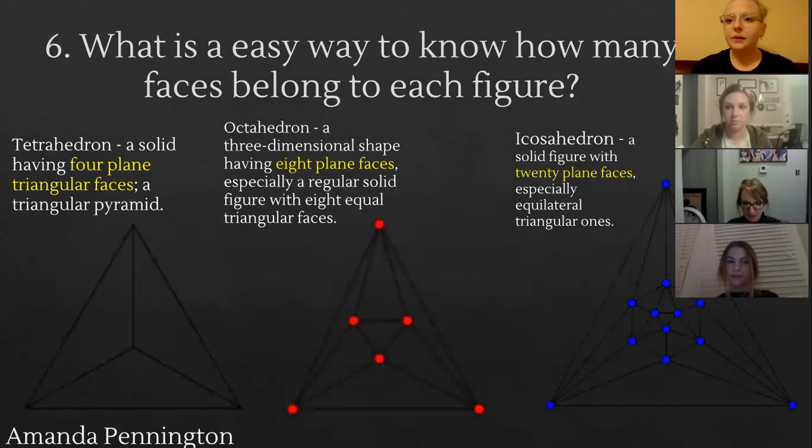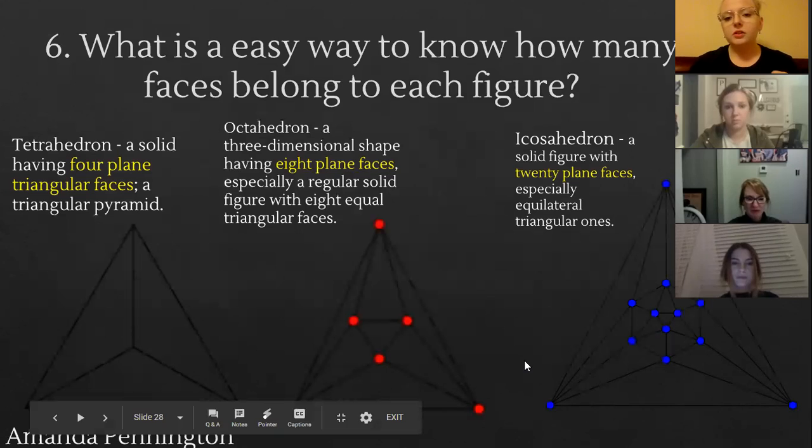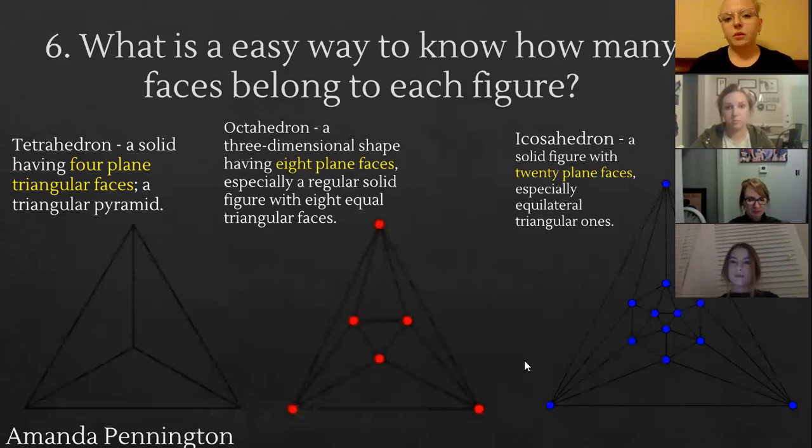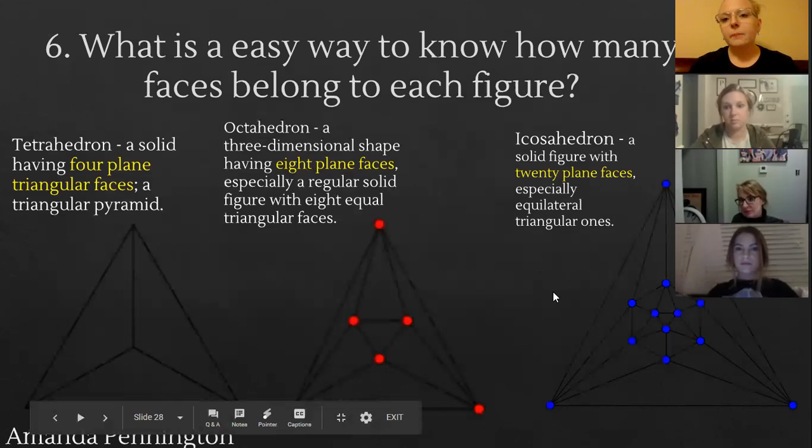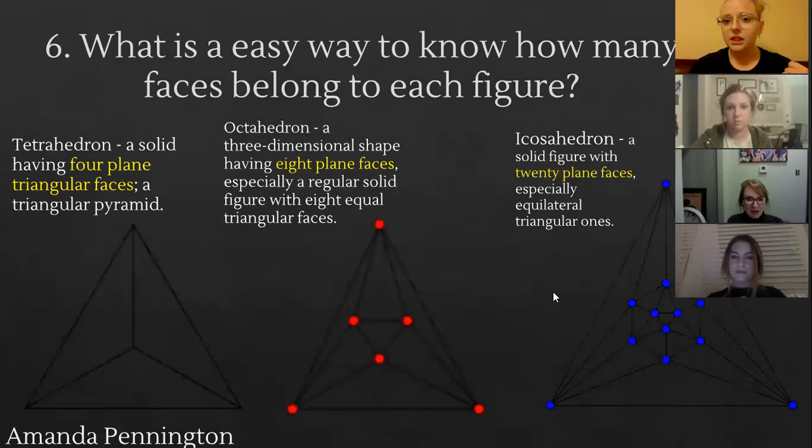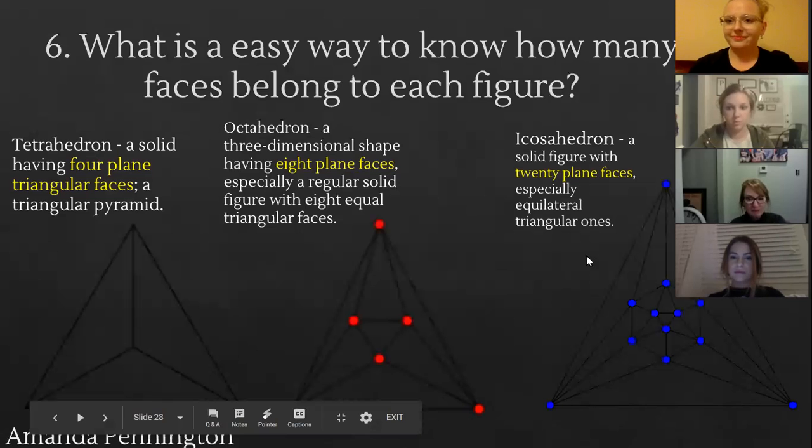And then I know octa, like an octagon or an octahedron, that's going to have 8 plane faces on it. So that means that our shape has to have 8 triangular faces on it, as shown in this one right here with the red dots. We know that there's going to be 8 triangle faces on there because of the root word octa. And then isosahedron, we know that isosa is going to be 20. So we know that we need 20 triangular faces for this shape. And so that is going to be how we know.